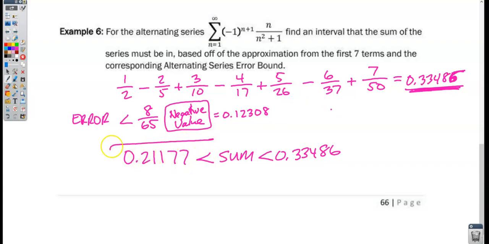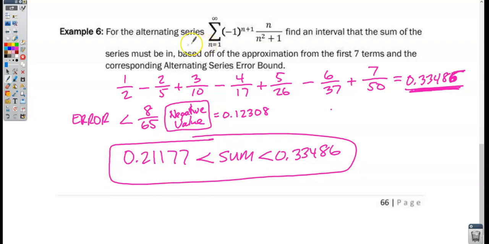And so the actual value of this series must be somewhere in between 0.21177 and 0.33486. So that's how we can use the alternating series error bound to bound in the possibilities for the sum of a series and get us, at least in the right ballpark.